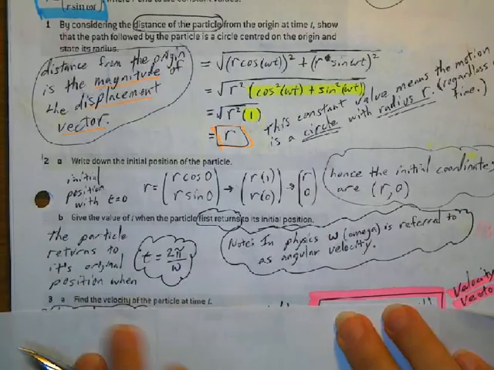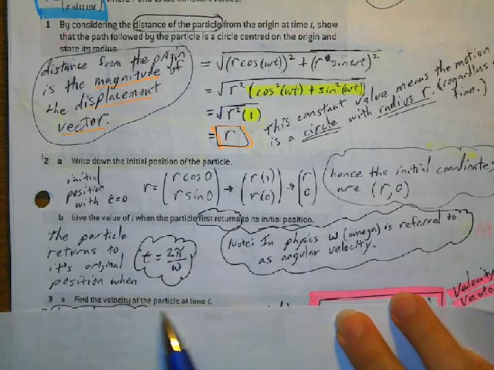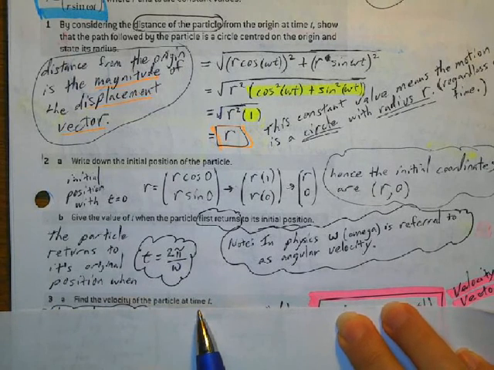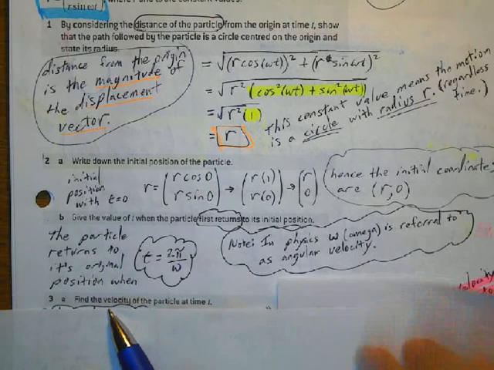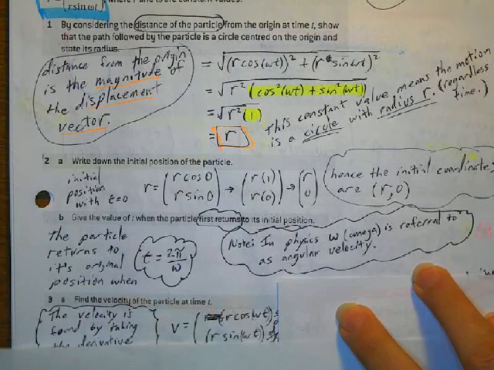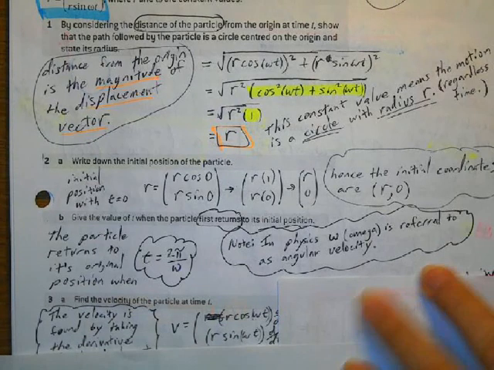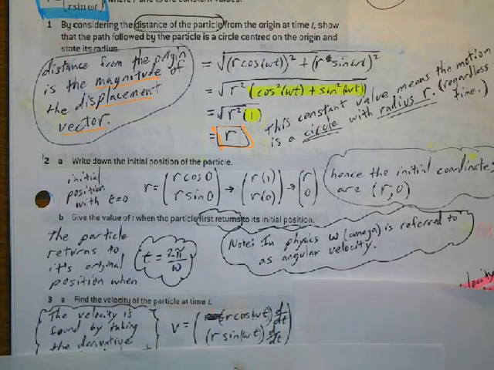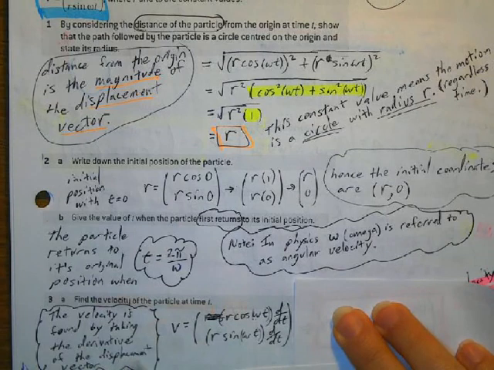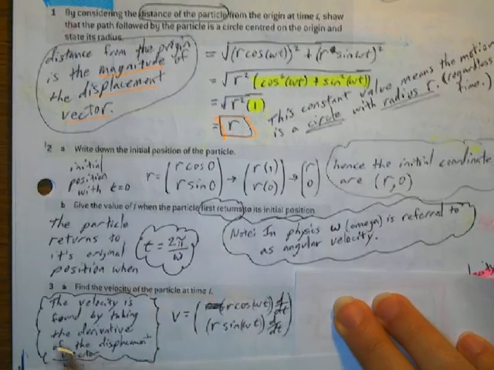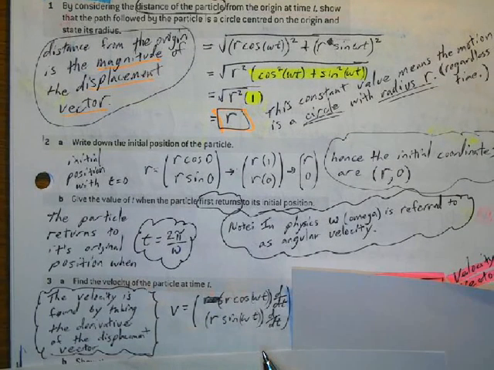Okay. Find the velocity of the particle at time t. So to figure out velocity, as we learned in our last lesson from H12E, or maybe it was C, I don't remember, we need to take the derivative of the displacement vector. Sorry about that.